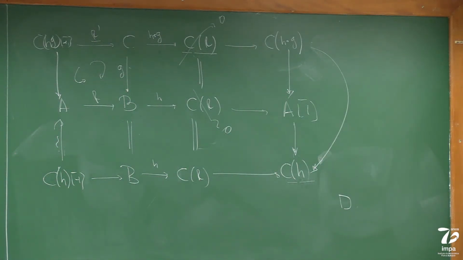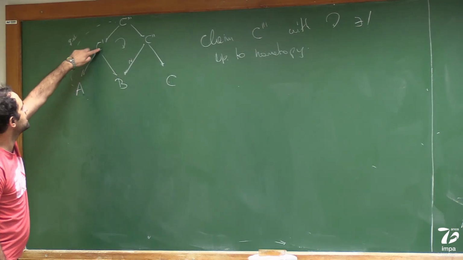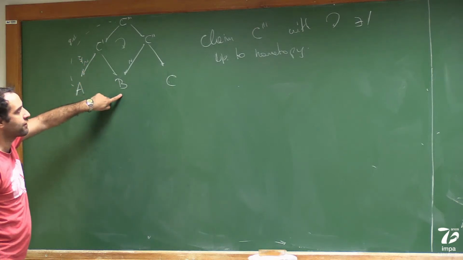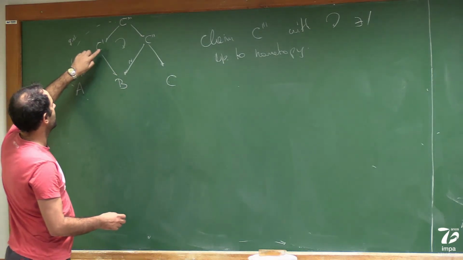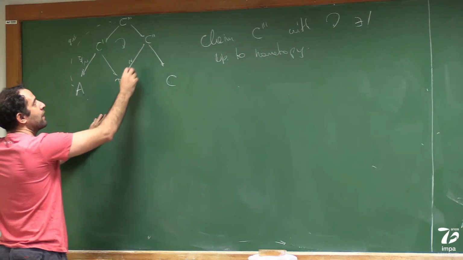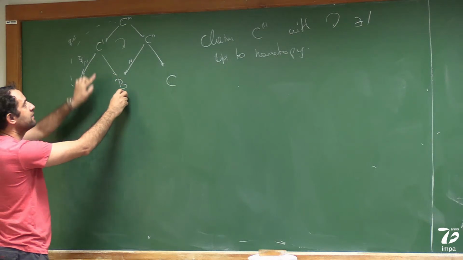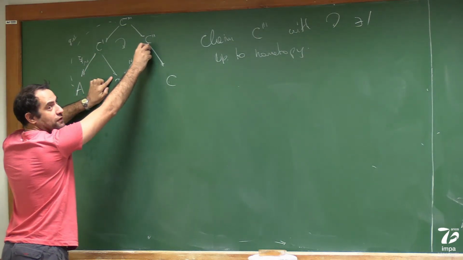So let's prove that this guy exists. Okay, but then I think this should be the same as what we have now. So we have this C prime, we have this diagram here, and I look at this little diagram there. I have this C second prime to B, this C prime to B. This is arbitrary, but this is a quasi-isomorphism.